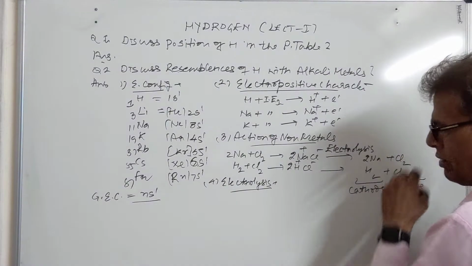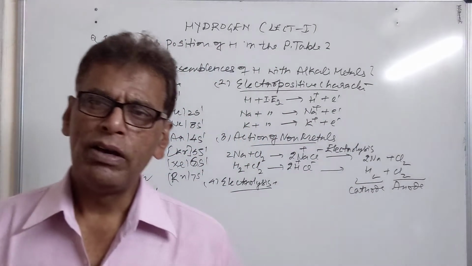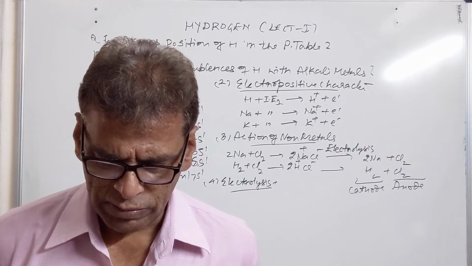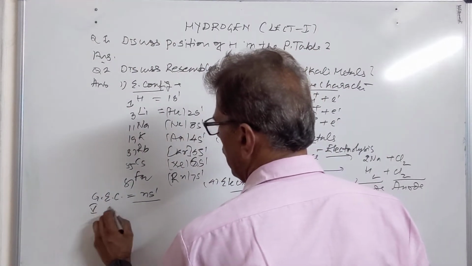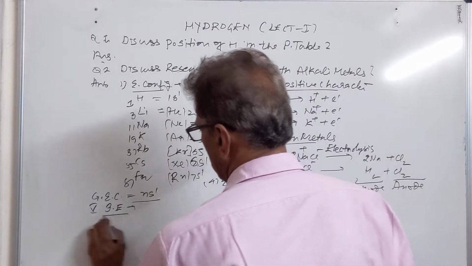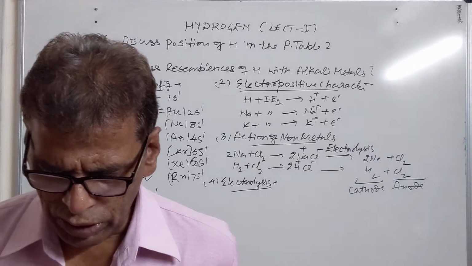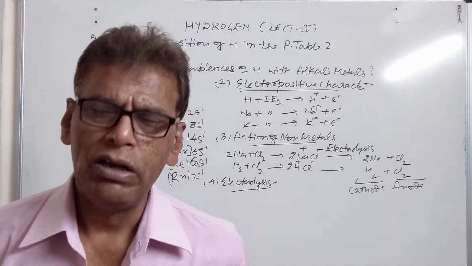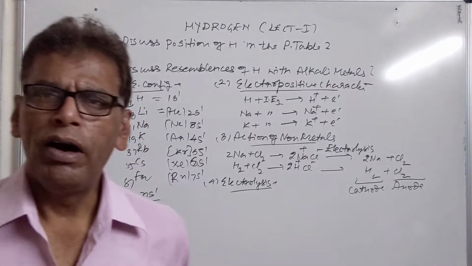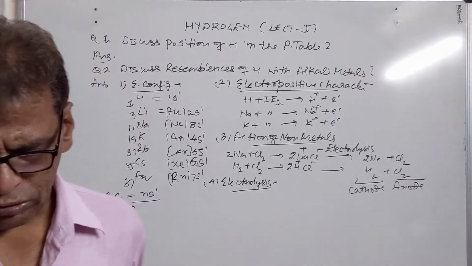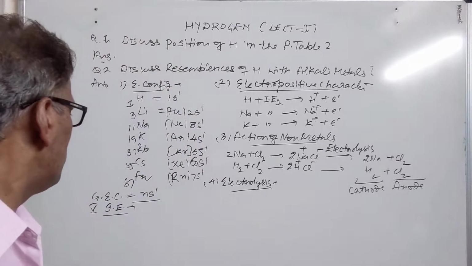It also shows the resemblance of hydrogen with alkali metals, where hydrogen is liberated at the cathode during electrolysis. Then we have ionization enthalpy, that is our fifth property. Hydrogen has high ionization enthalpy as compared to alkali metals, and it requires more energy, but it can lose one electron, that's why it resembles alkali metals.